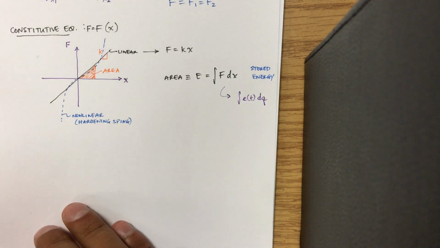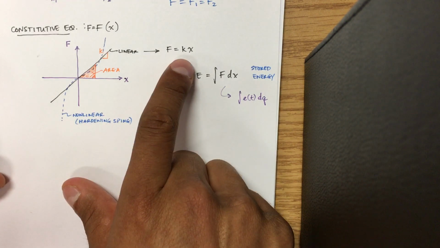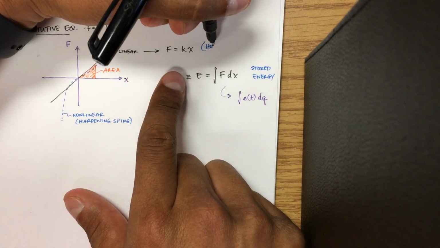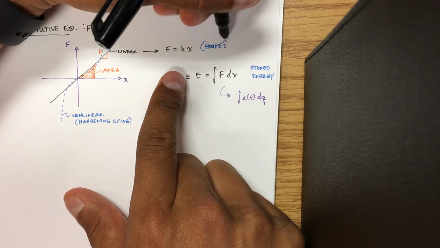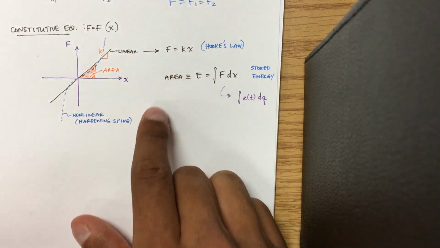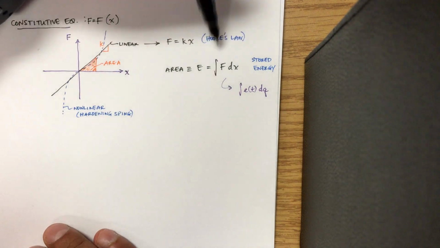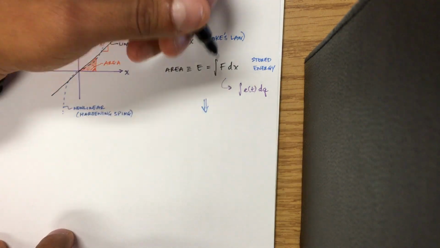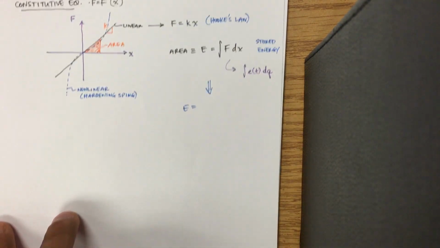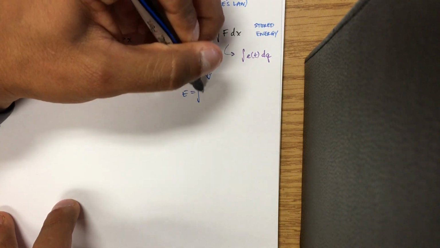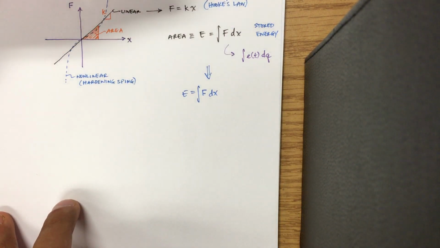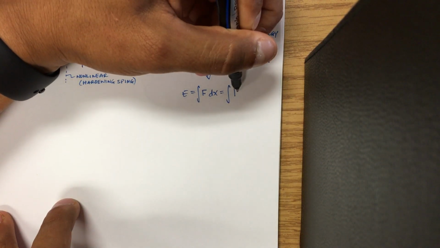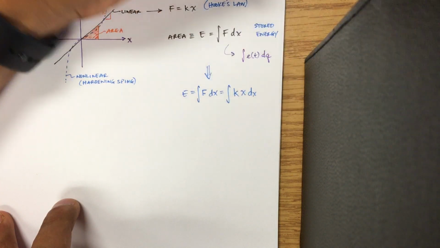So once again, for a linear spring, the force is simply k times the distance, x. This is true of Hooke's law. Therefore, if we want to carry out that integration, we can calculate the energy to be the integral of F dx, where the force F is just k times x, so this is the integral of k times x dx.